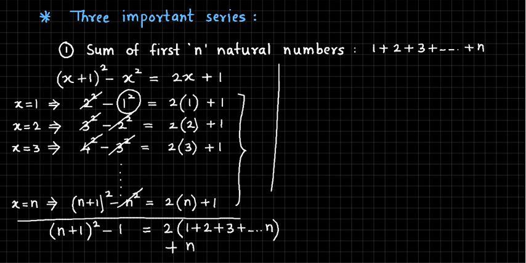So now simplifying this further, on the left hand side we have n square plus 2n plus 1 minus 1 is equal to 2 into, now this entire bracket that is present here is nothing but the sum that we are interested to find out. So let's denote that entire sum as, say, s, and plus finally we have n.